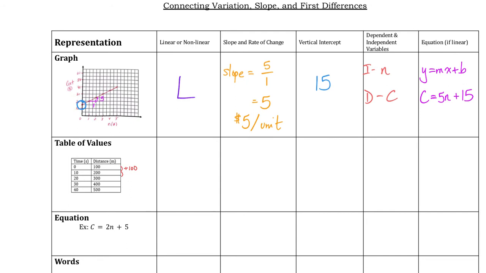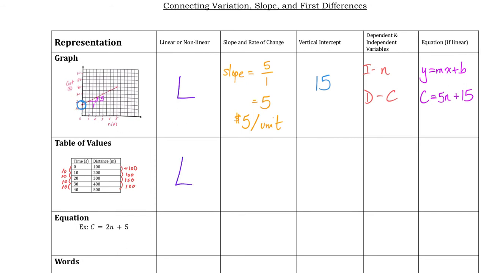I then notice that every single time I am moving from one point to the other point, I went up 100. That is not enough for me to be able to say linear. Recall, I have to look and see, am I also going up by consistent amounts on my independent variable? And yes, I am. So because those amounts are the same, I can now confidently say linear.